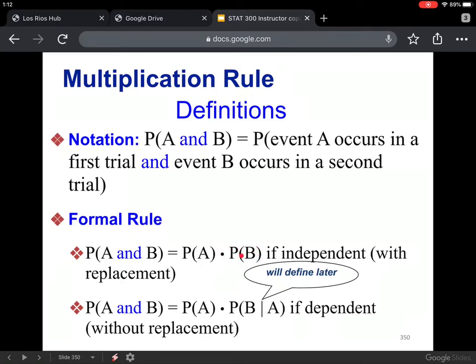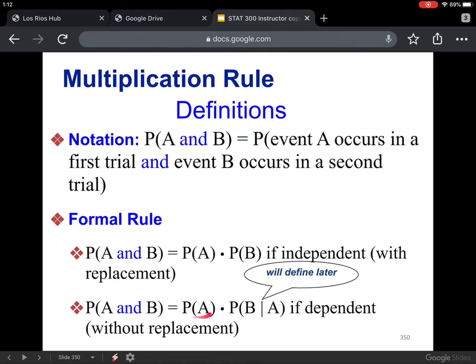And the association there is with replacement. So if you replace, for instance, a marble back in the urn, you start out with the same amount of marbles, and therefore the probability of one does not change the probability of the other event happening. But if you do not replace, then the probability of choosing a new marble from the same urn without replacement is a different probability, and therefore we have a different formula for it.